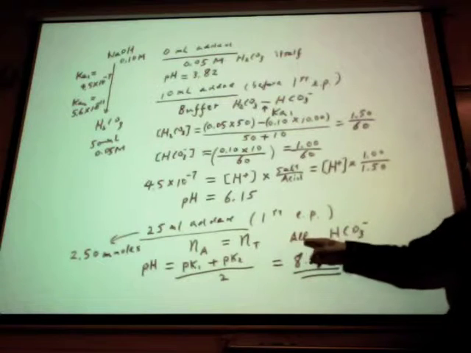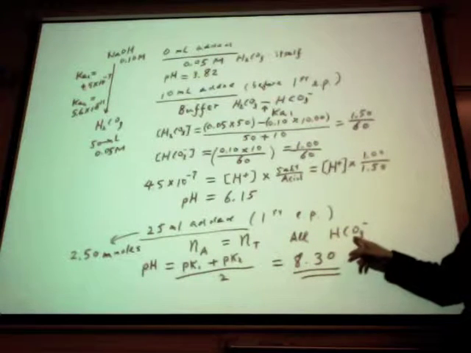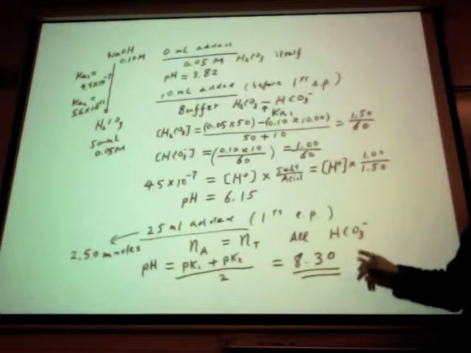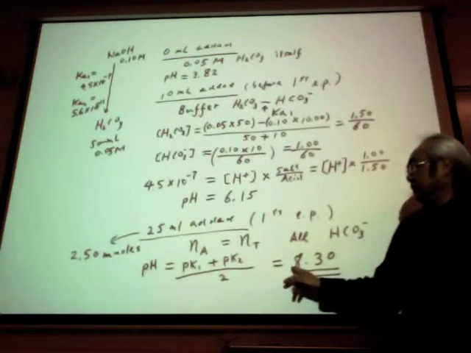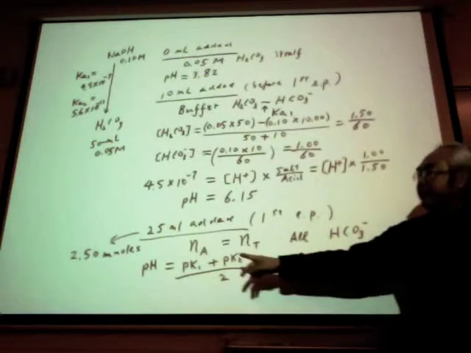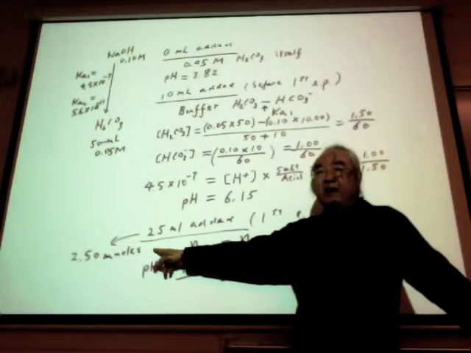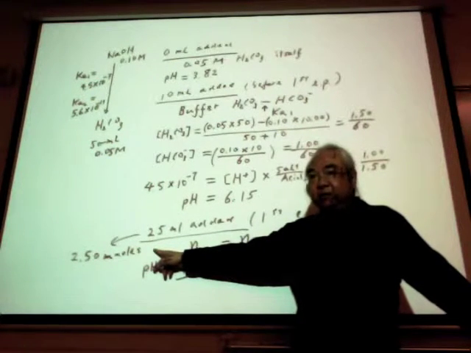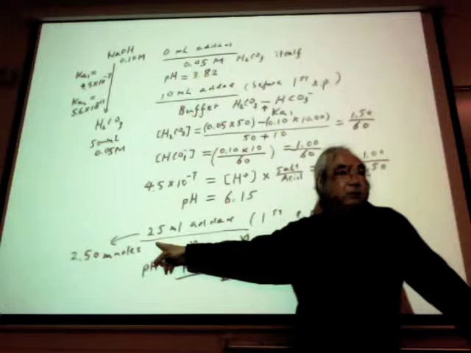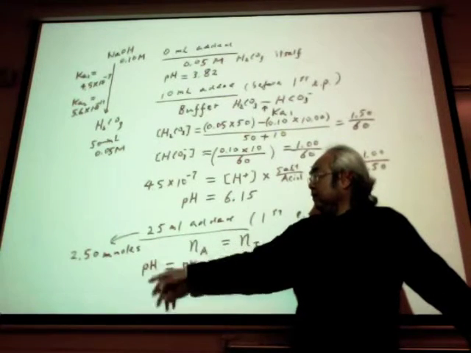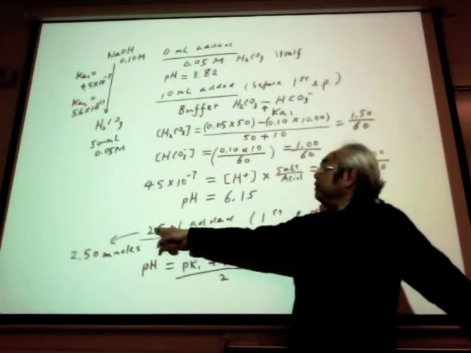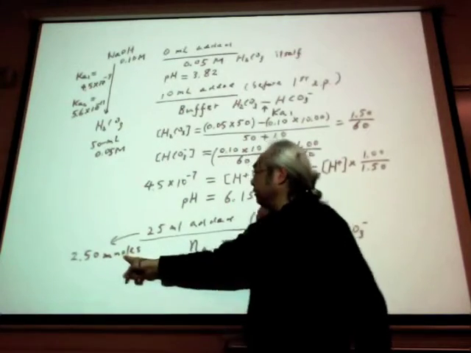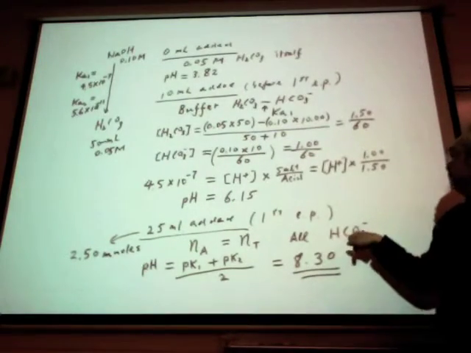So now all the acid is going to change into HCO3 minus. This is the endpoint. Keep in mind this 2.5 millimoles is going to carry over to the second endpoint. All that is transformed into that.